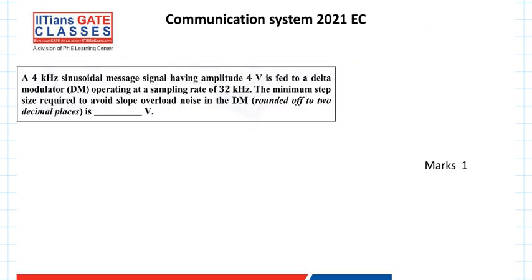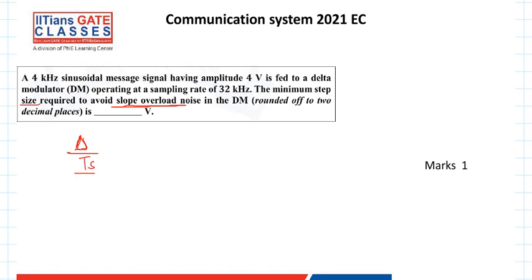Okay, this is based on the delta modulator, and the problem is based on slope overload. So to avoid the slope overload, let's assume that delta is the step size.